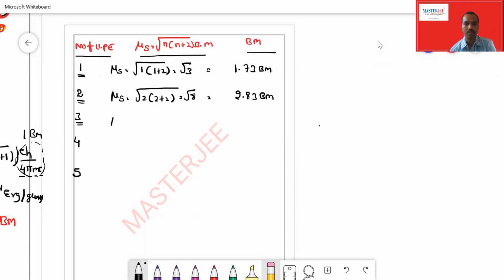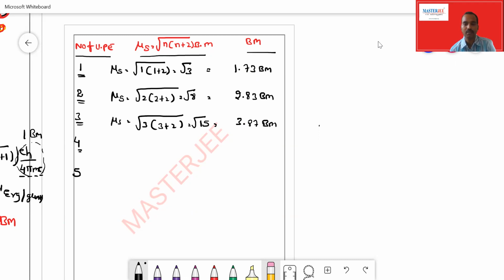For 3 unpaired electrons, mu s is equal to root over 3 into 3 plus 2, which is root 15, and that is 3.87 Bohr magnetons.